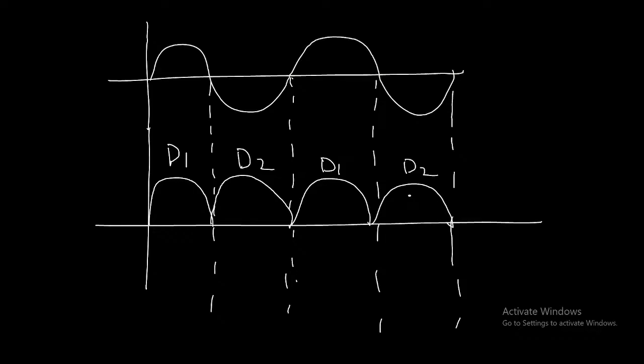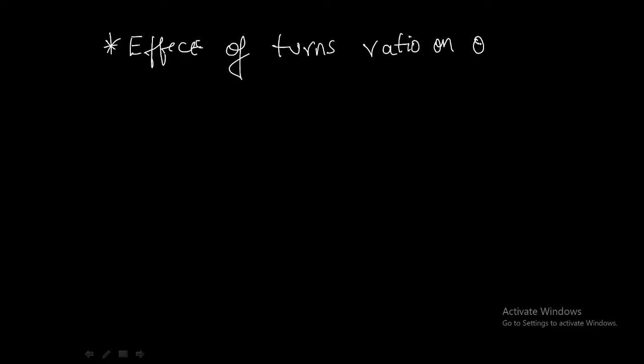Now let us see the effect of turns ratio on output voltage. I will write it here. If the transformer's turns ratio is 1, then the peak value of the rectified output voltage equals half of the peak value of the primary input voltage.